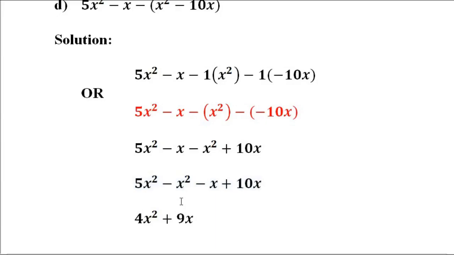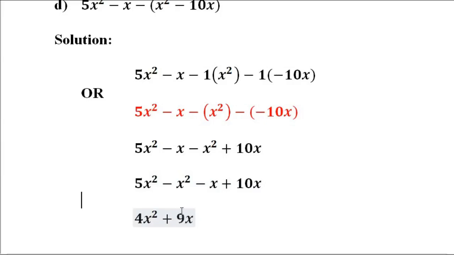The coefficients of the first two terms are 5 and negative 1. That gives us positive 4. Therefore, we combine positive 5x squared and negative x squared to get positive 4x squared. Now, negative x and positive 10x give us positive 9x.